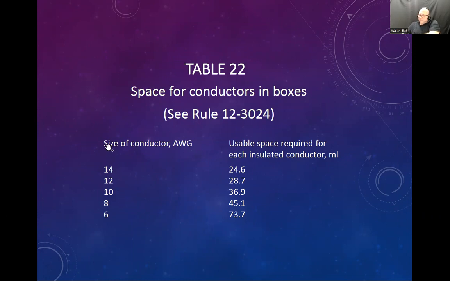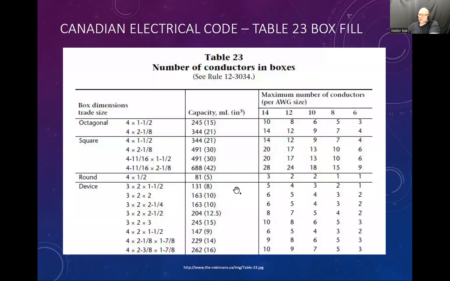So for size of conductors per gauge, one would use 24 milliliters. That is the usable space required for each insulated conductor. So if you put this table together with that, it's going to make sense.